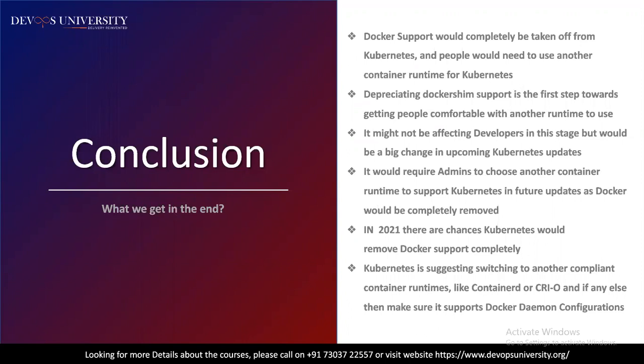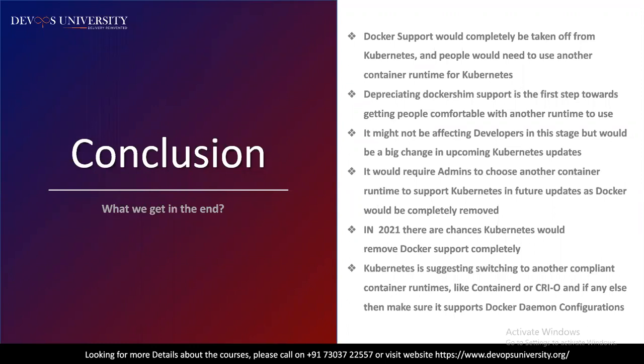If they support the configurations, we would easily be able to run the Docker images on the Kubernetes cluster. So it's not a big deal. They're going to remove it completely. That's a fact, because they have already stated it, and maybe soon in upcoming updates, upcoming patches, they would be removing it.